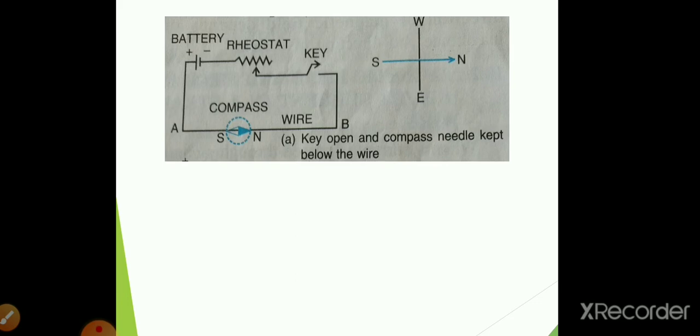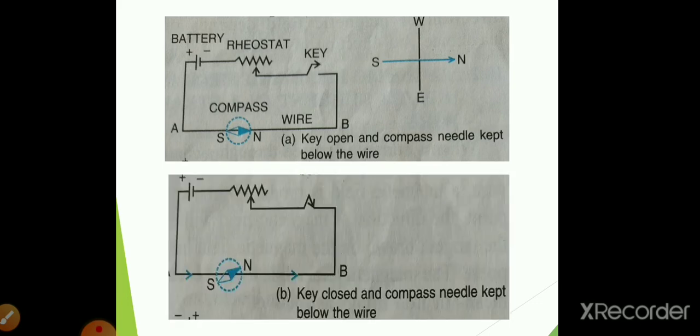In the second case, he closed the key. You can see here the key is closed. Now what happens? The current starts flowing from the positive terminal towards the negative terminal. As the current starts flowing, there is a deflection in the compass needle.